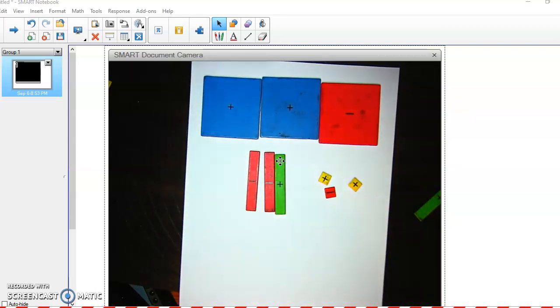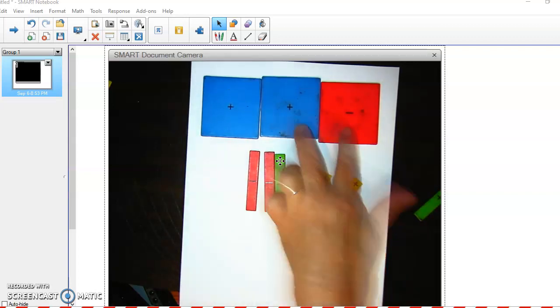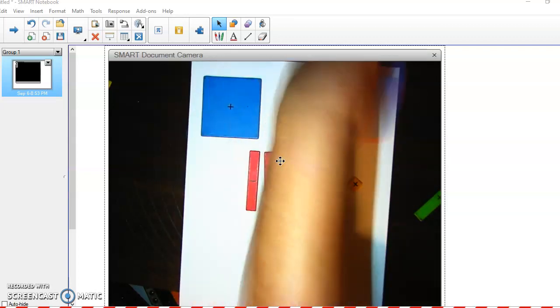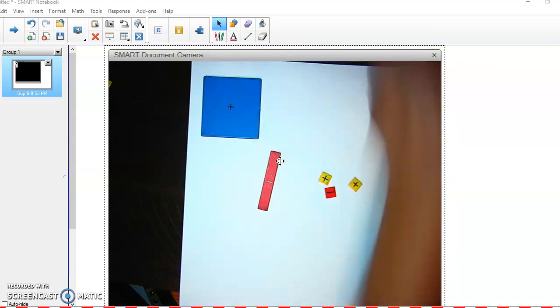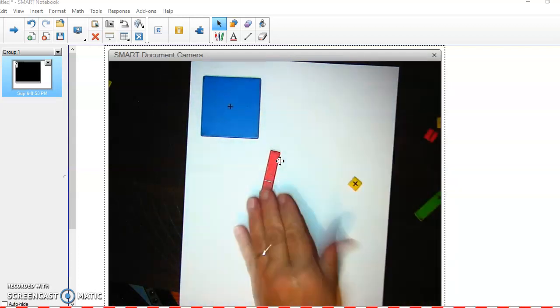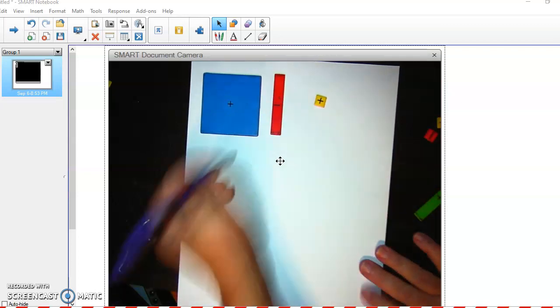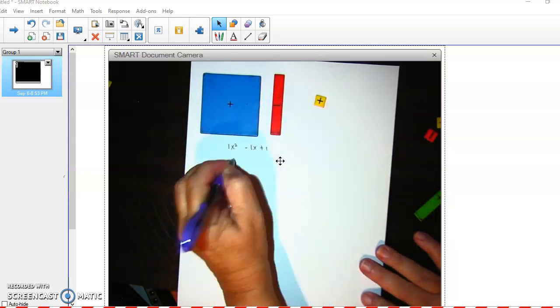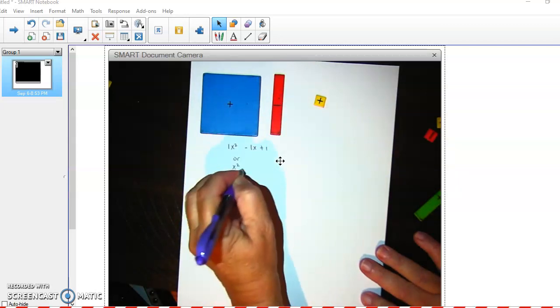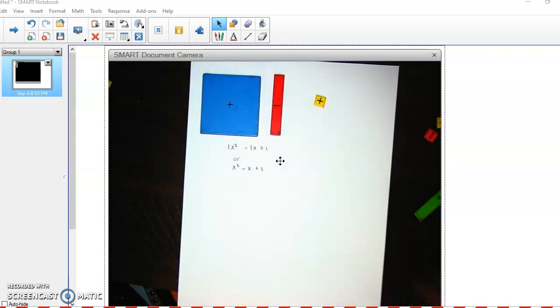So I'm going to make my 0 pairs. Well, these two cancel each other out. These two cancel each other out. Doesn't matter if I use the other one or this one. And they cancel each other out. So what I'm left with is this. So I have 1x squared minus 1x plus 1. Or I can say x squared minus x plus 1.